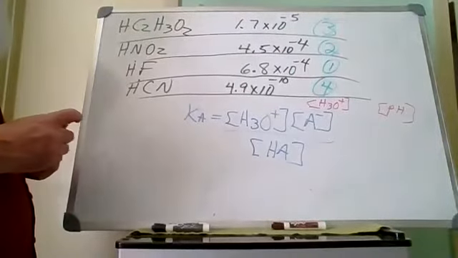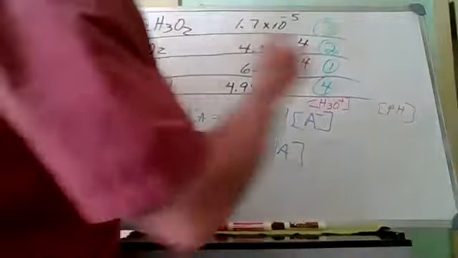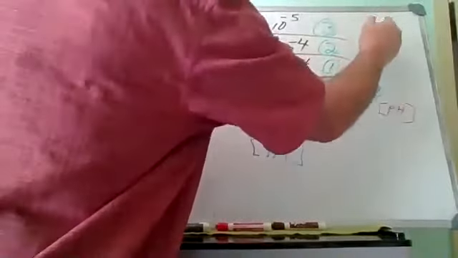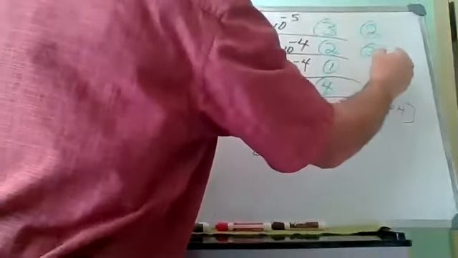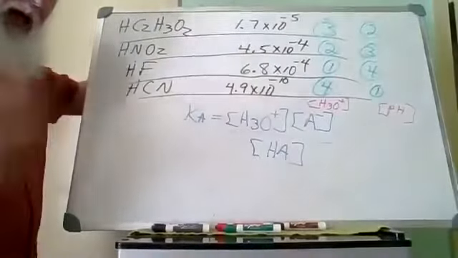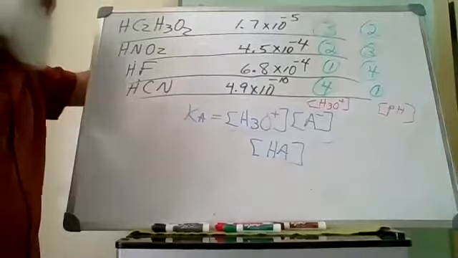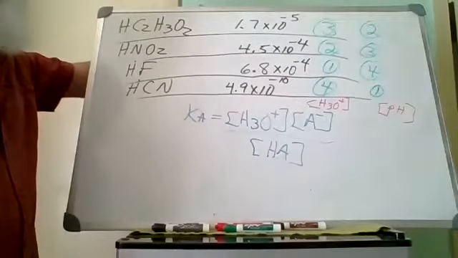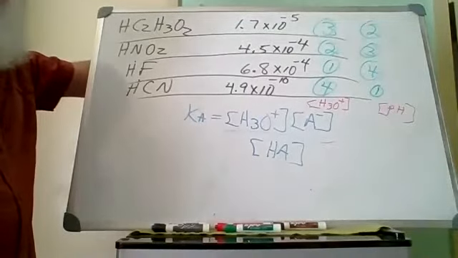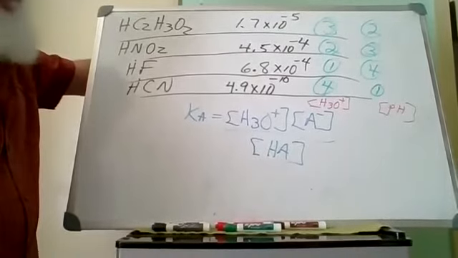For the pH, this will be 1, this will be 2, this will be 3, and this will be 4. Because remember, the bigger the hydronium ion concentration, the smaller the pH.